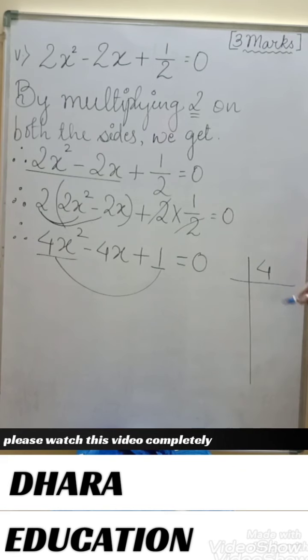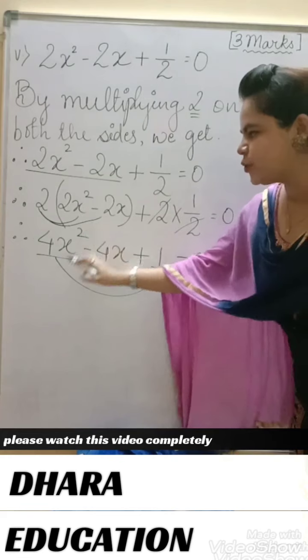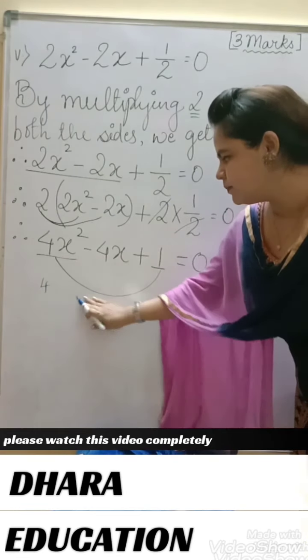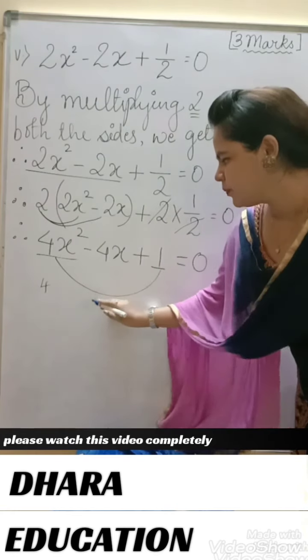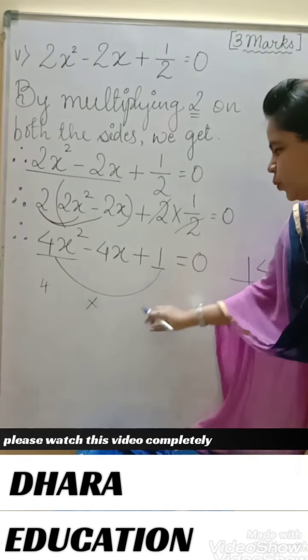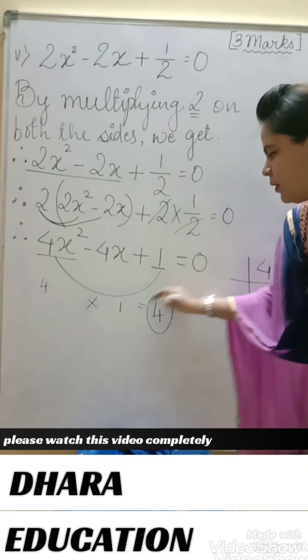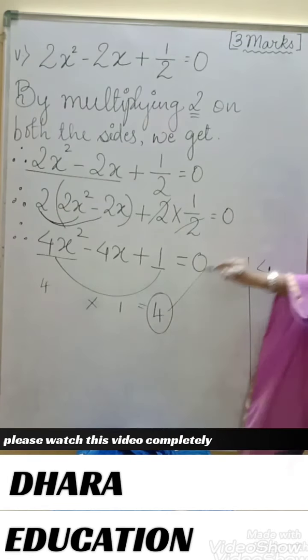So here I have taken 4. Why have I taken 4? Because 4x square means I am talking about only 4, multiplied with 1 gives you 4. So I am talking about actually this 4. That's why I have taken it here.